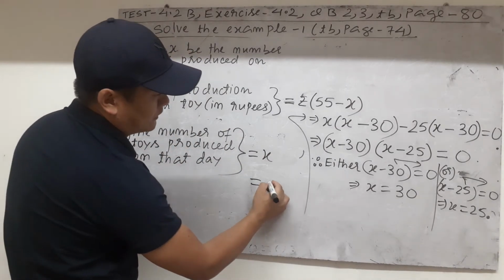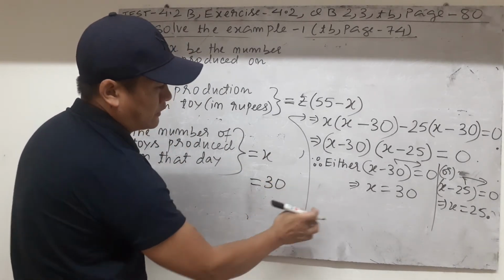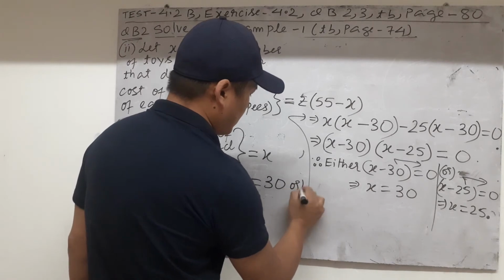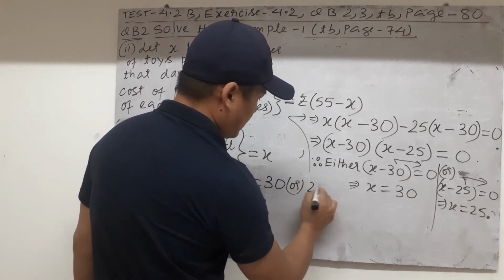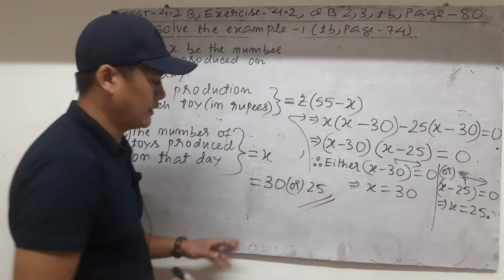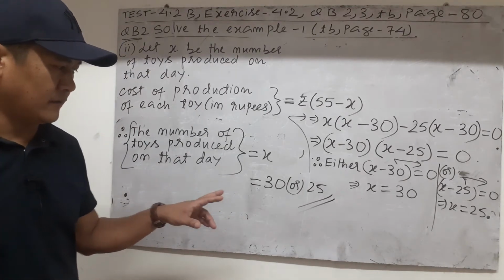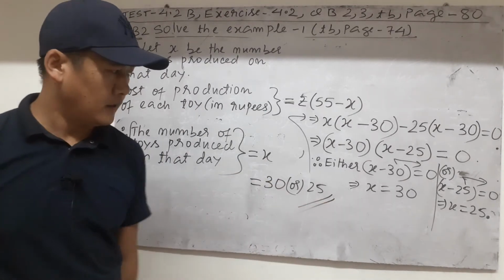So x can be either 30 or the other answer 25. The number of toys produced on that day, both can be right answers, 30 or 25.